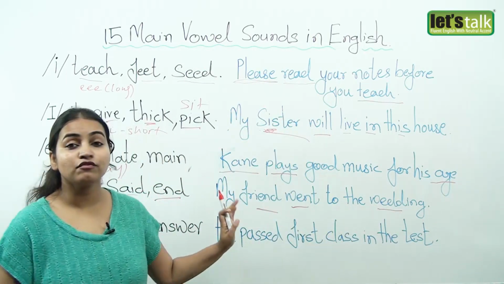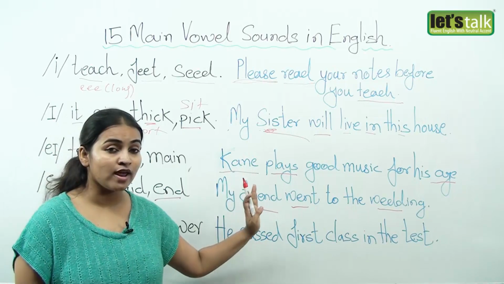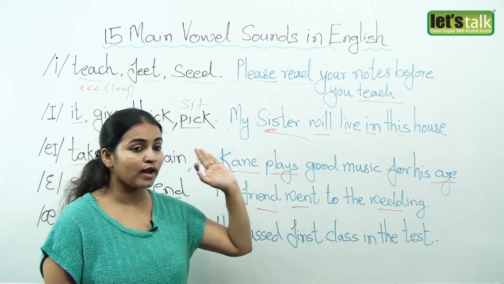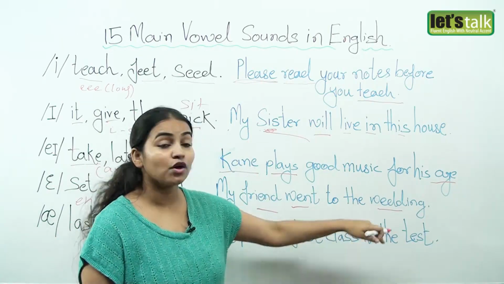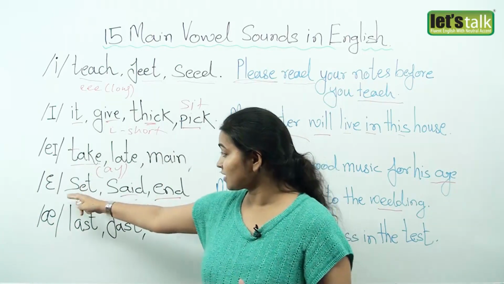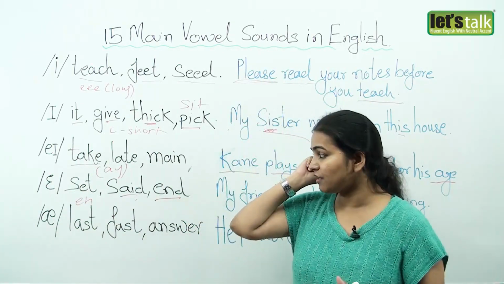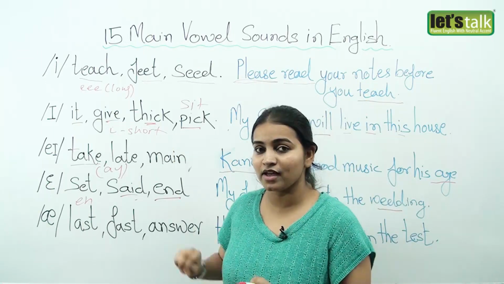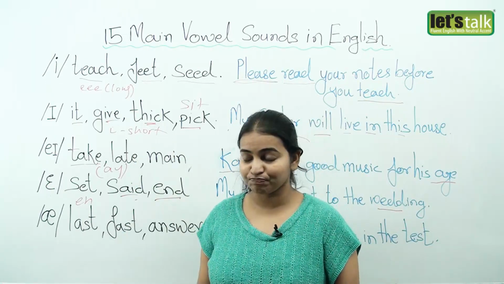So, my friend, the eh sound, went, to the wedding. That's right. So this is the symbol and the sound you've got to identify. The eh sound, which is very different from the short I sound.